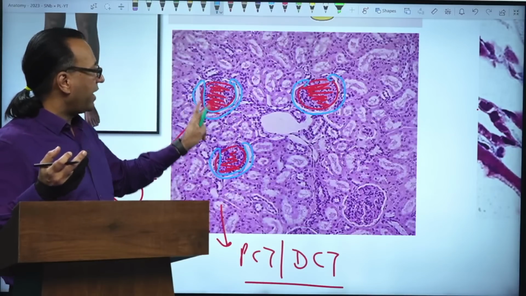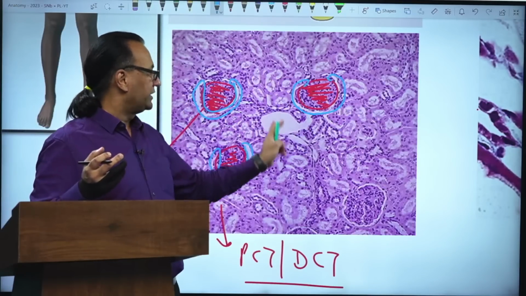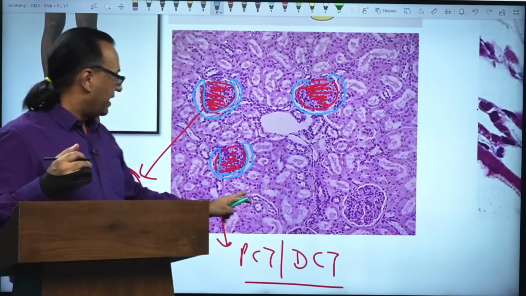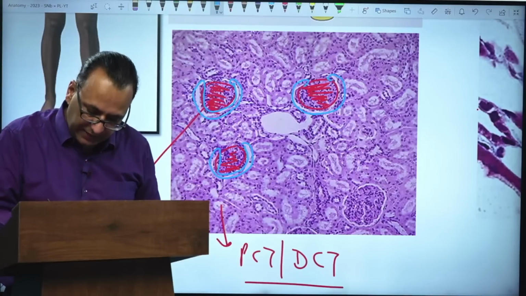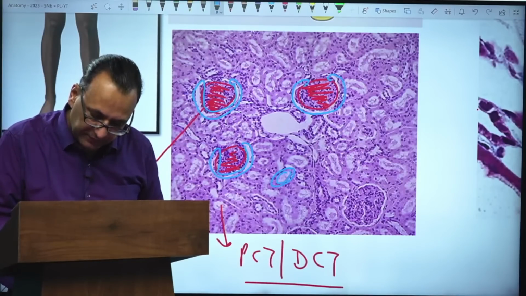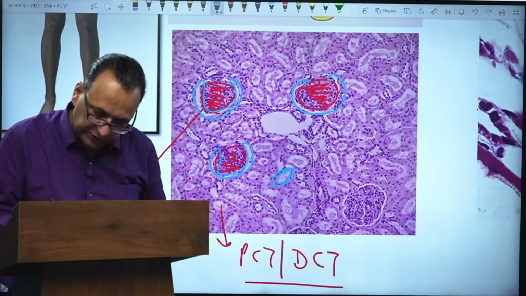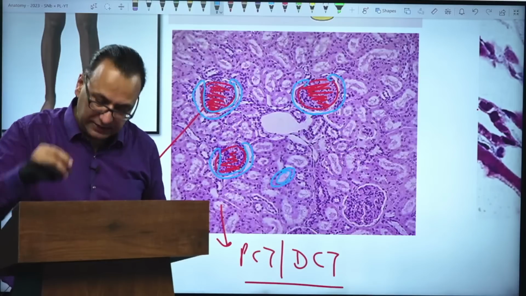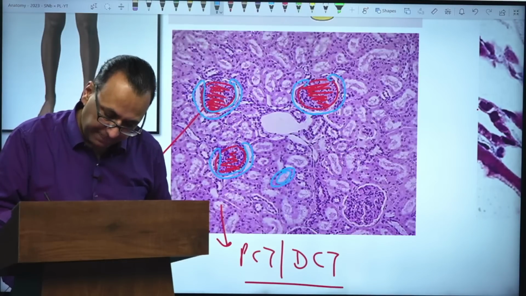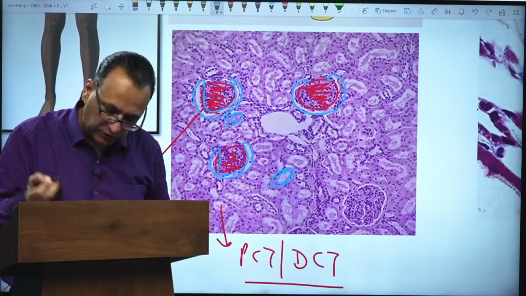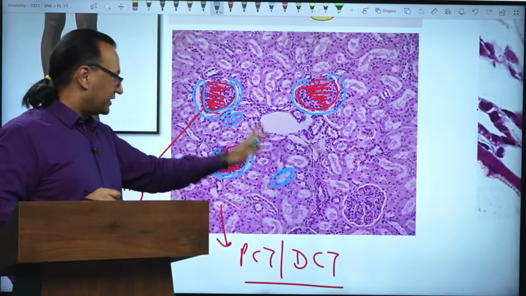So that is how you identify the glomerulus. And PCT, DCT, you can see yourself. If it is something like this, this is a DCT, and if you see something which is close, because PCT will be close, say obscured lumen basically, then it will be PCT. So PCT, DCT can be identified surrounding these glomeruli.